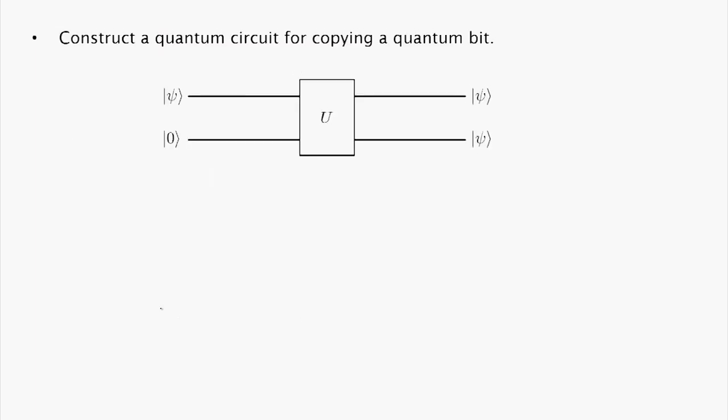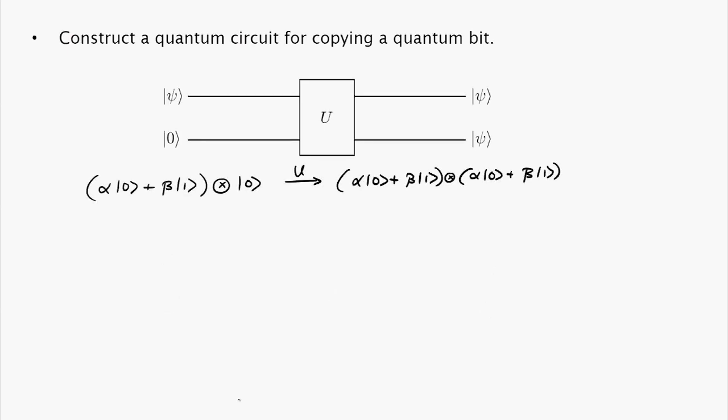Now, the no-cloning theorem is actually very simple, because what do we want? Well, we want some unitary transformation that maps alpha 0 plus beta 1 tensor 0 to alpha 0 plus beta 1 tensor alpha 0 plus beta 1.